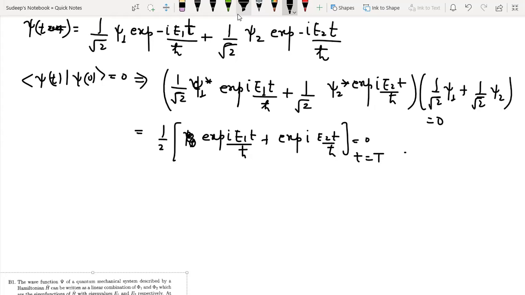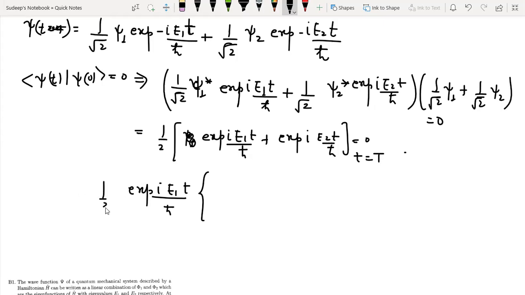Now see, it has been given to me that E2 is greater than E1. So what I'll do, I'll simply take exponential iota E1 t upon h bar common out.